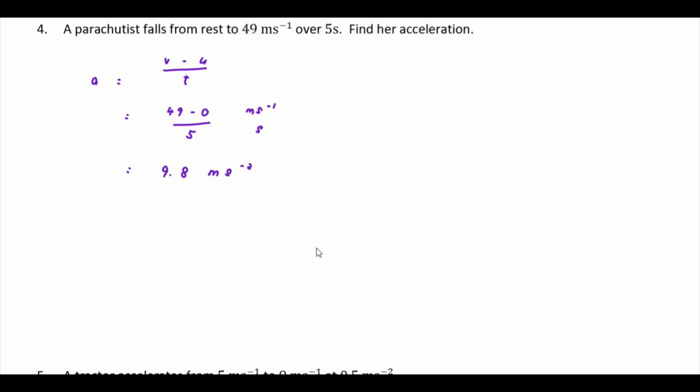Now let's look at number 5. A tractor accelerates from 5 meters per second to 9 meters per second at 0.5 meters per second squared. You can always write down the information using symbols. So u, the initial velocity, is 5. The final velocity v is 9, and the acceleration a is 0.5.